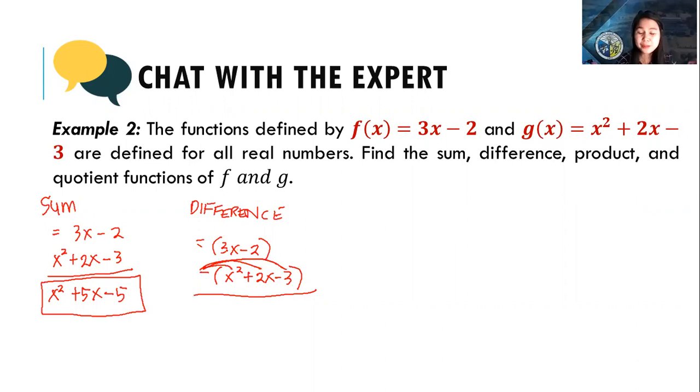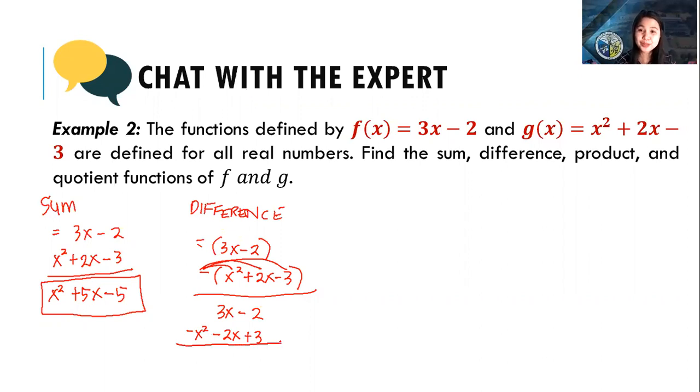The one with the no minus sign, we just copy it. So negative times x squared is negative x squared. Negative times 2x, that's negative 2x. Negative times negative 3, we have positive 3.